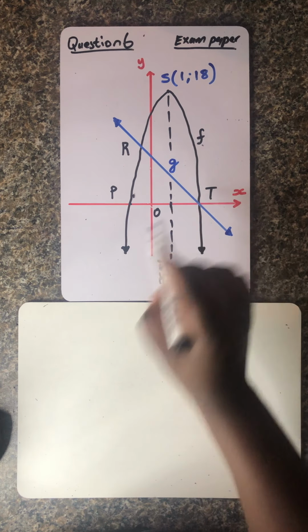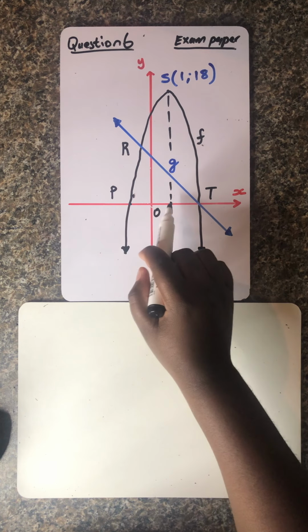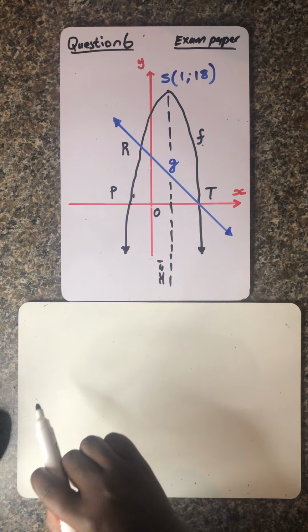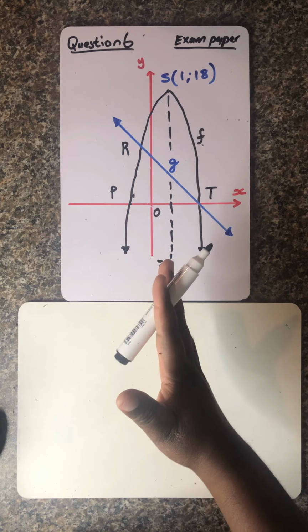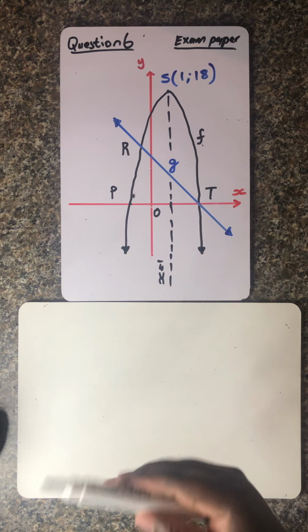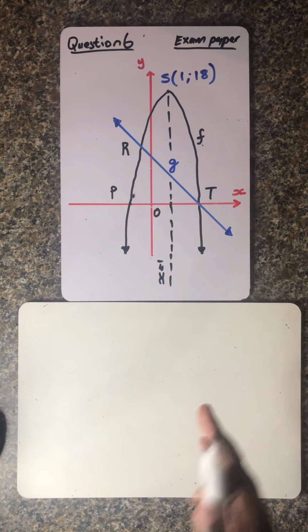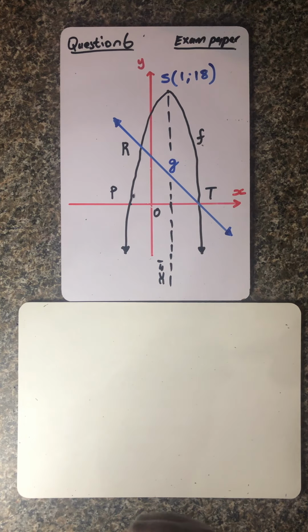From that point to P, it's equal to from that point to T. Even though I've drawn this diagram by hand and it doesn't look equal, what we know is that the axis of symmetry cuts the parabola into two equal halves. So guys, I think I've covered most of the information that you need to know.